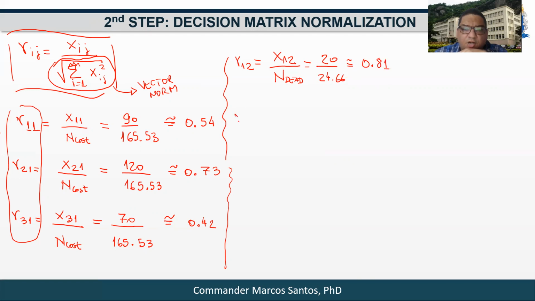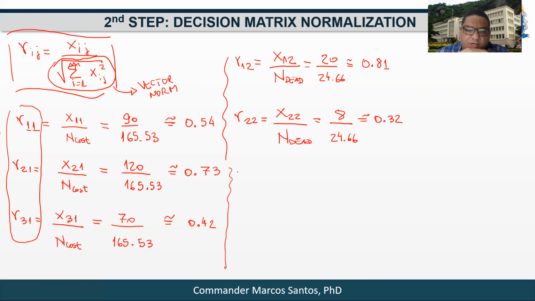And now R22 is equal to x22 over the deadline vector norm, equals 8 over 24.66, approximately 0.32.